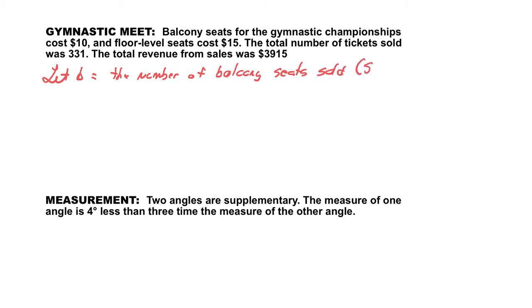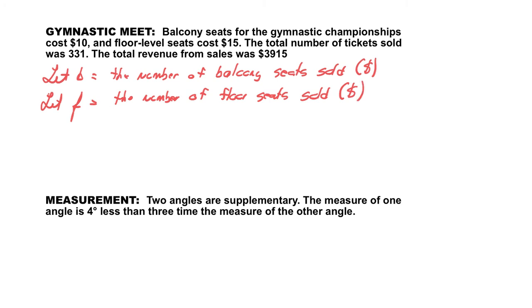And let F equal or represent the number of floor seats sold. So you can see that the total number of tickets sold was 331, and the total revenue from sales was $39.15.